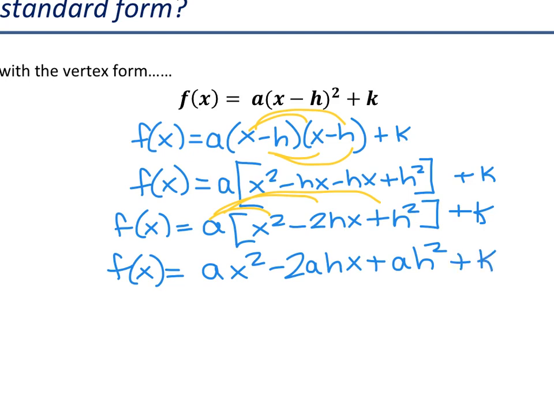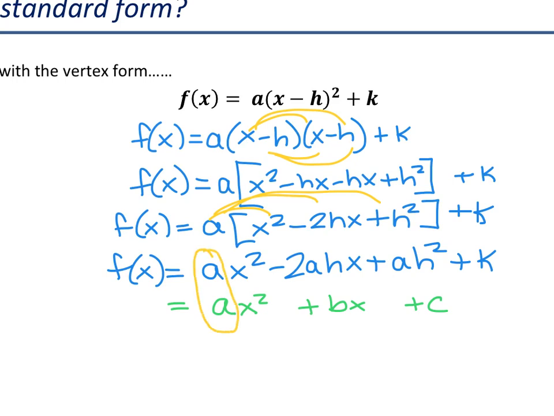Now let's line this up with the standard form. I've got ax squared plus bx plus c. And I'm drawing this out for effect so that you can see that a is a.